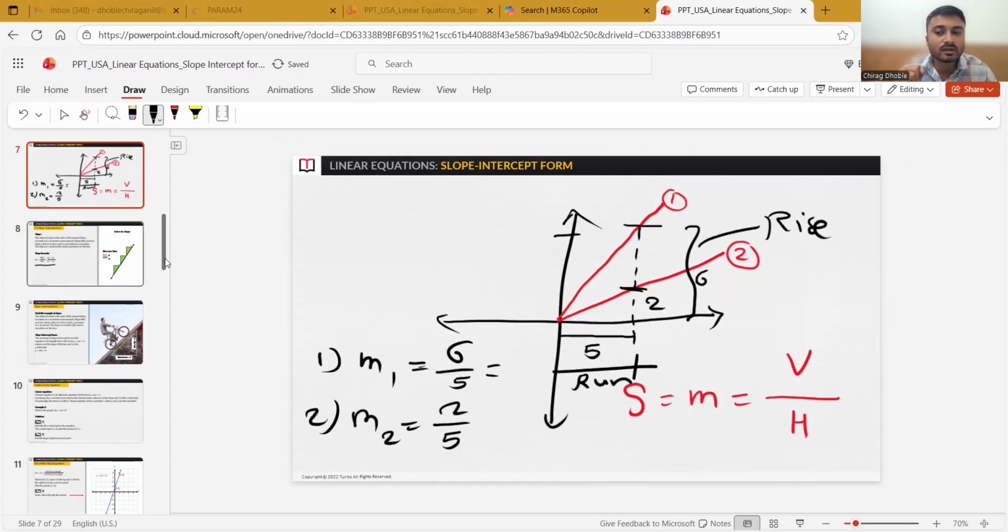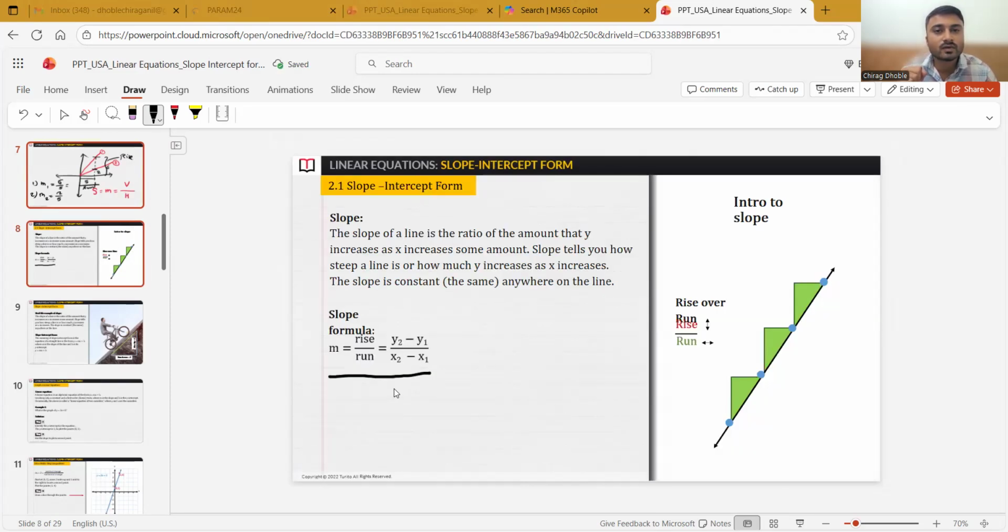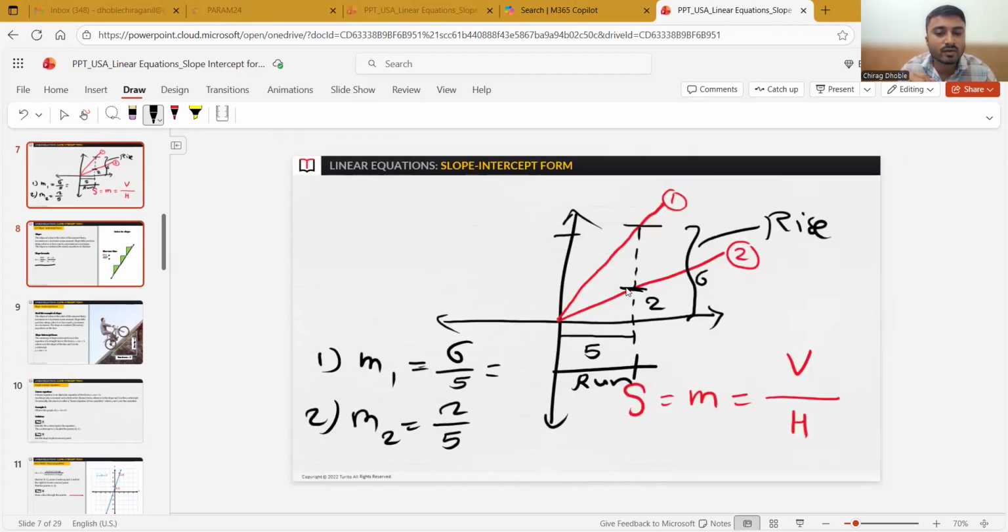Because we started from the origin, there was no y1 and x1 here. But if we start from any point on the graph, say here, and then draw the line, then we will have 2 points, right?